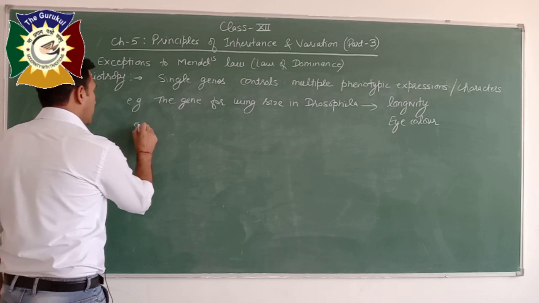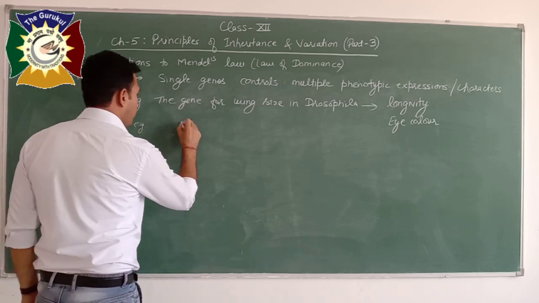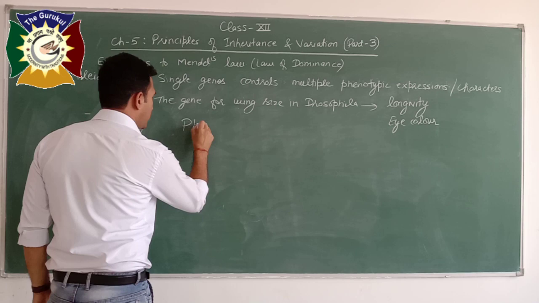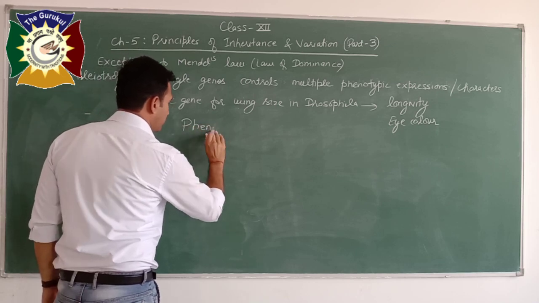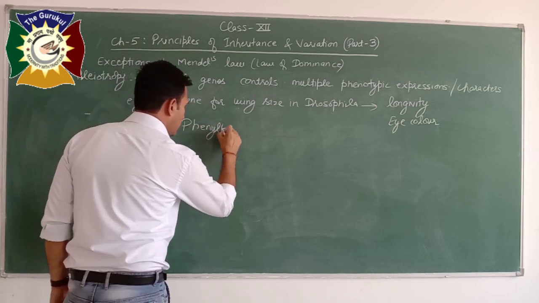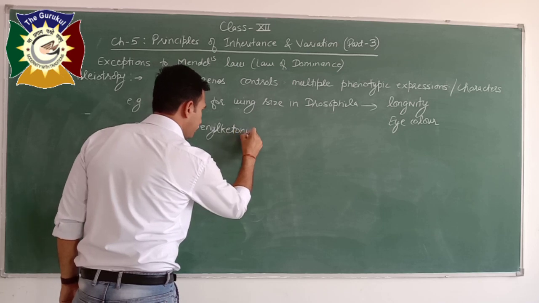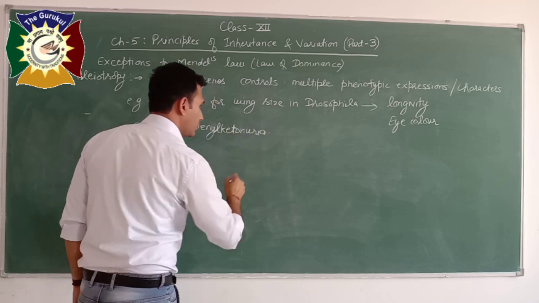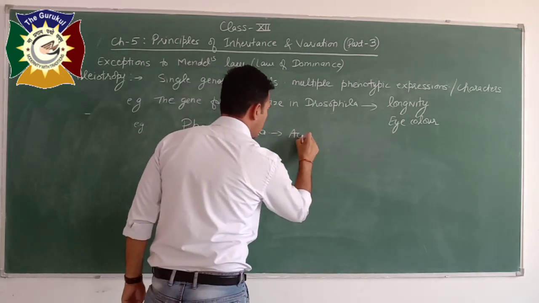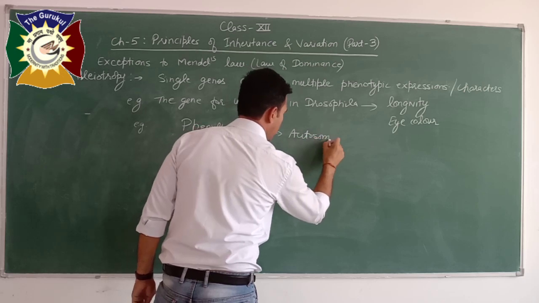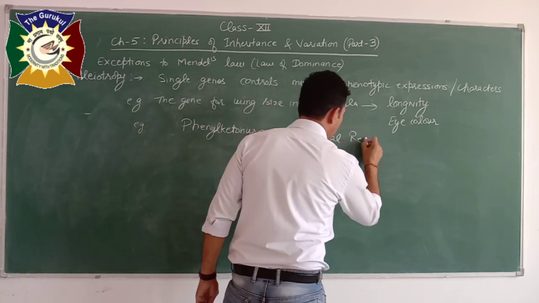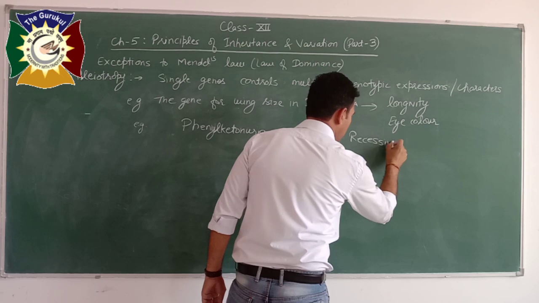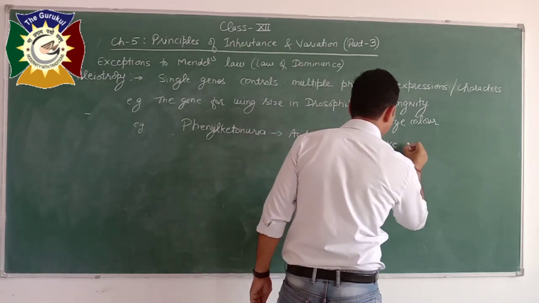एग्जाम्पल हेयर इज अगेन, सेकेंड एग्जाम्पल इज फिनाइल ketonuria. It is an autosomal recessive disorder. You will understand this term later.